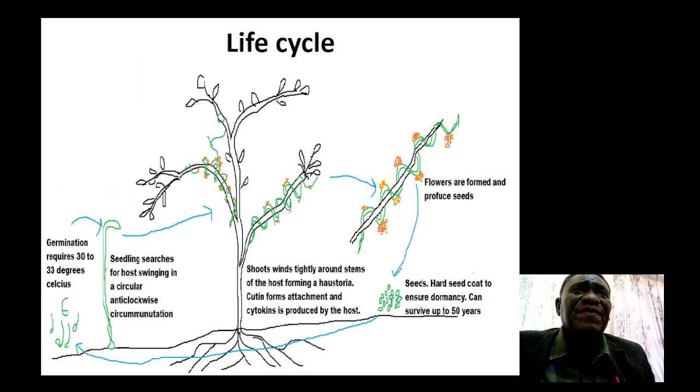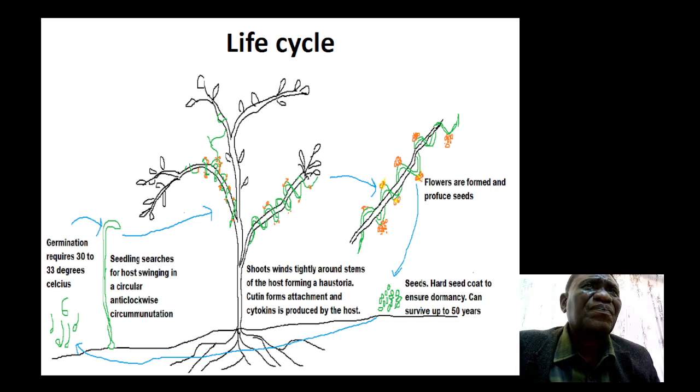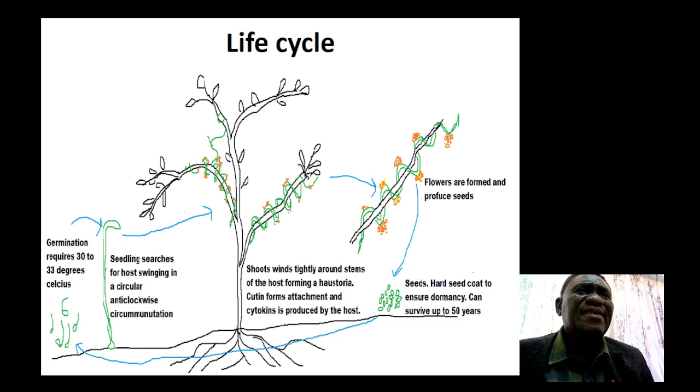So let us briefly look at the life cycle. We start with the seeds, which are very hard and can be dormant and survive up to 50 years.